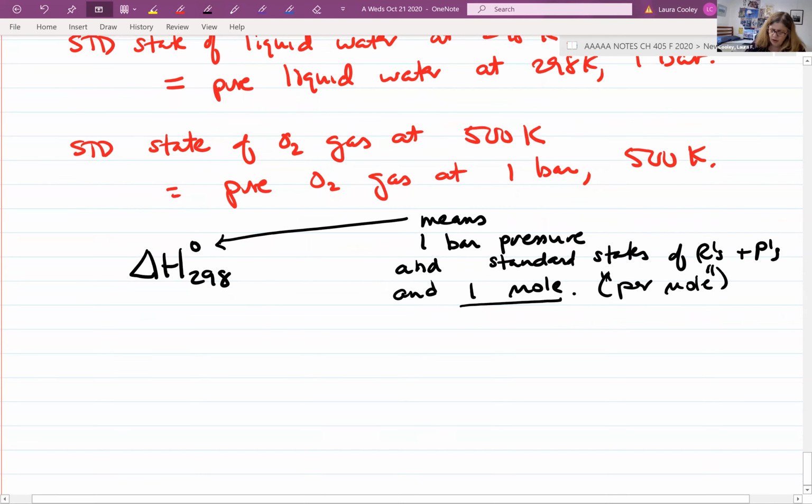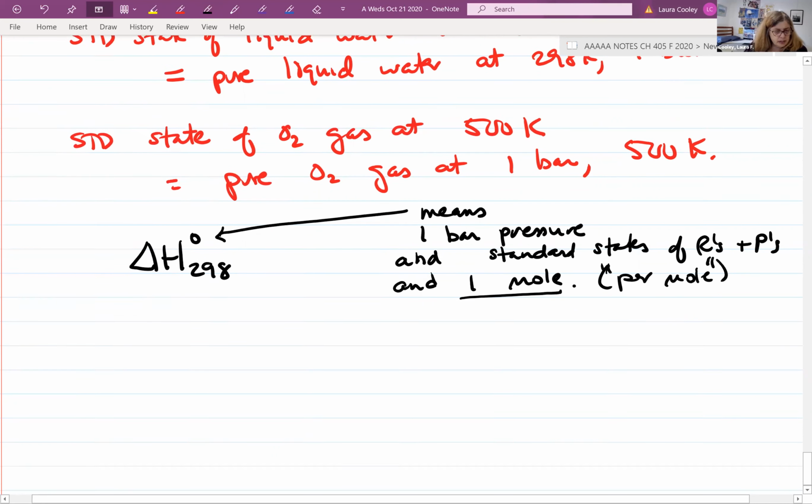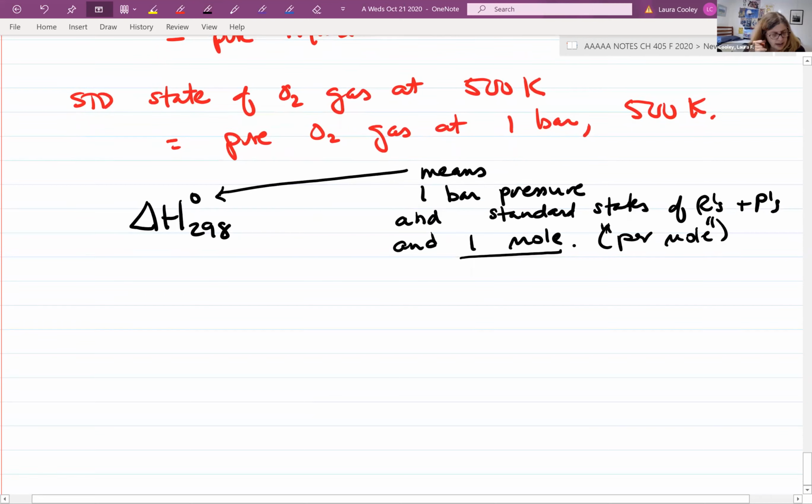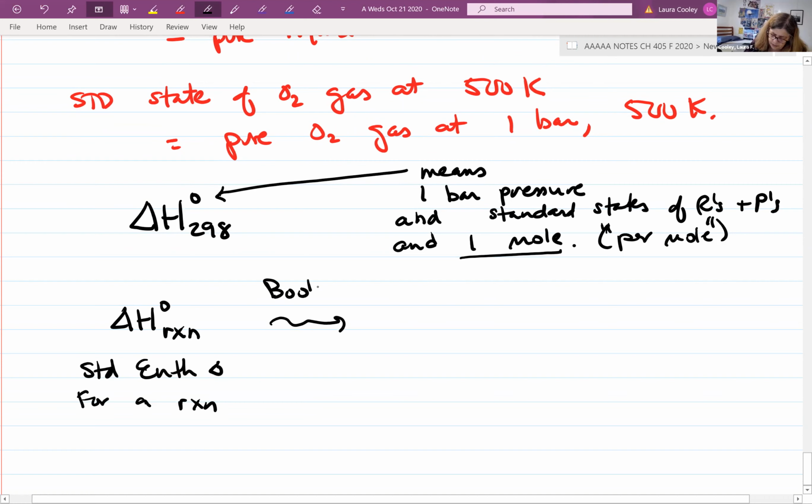Now, if you read in the book, in Atkins, the book uses this symbol in a way I find very strange. It takes a delta H, a standard enthalpy change for a reaction, and writes it this way: delta R H0. So the R is for reaction. I understand that, but why does it put the R as a subscript of the delta?